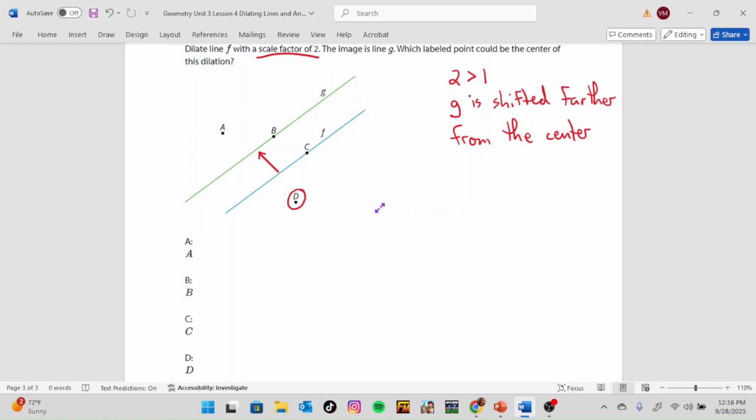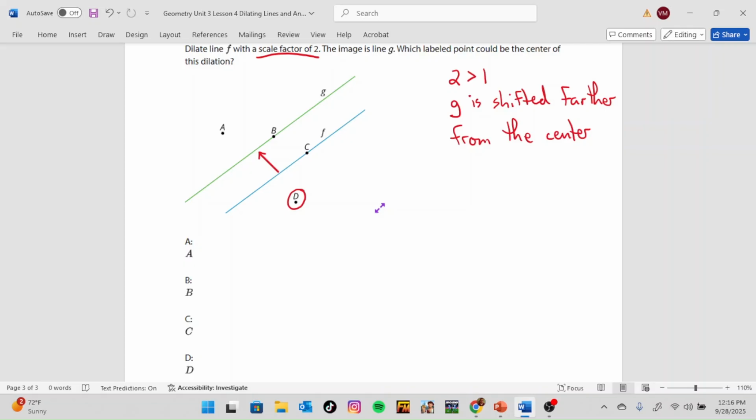Point A means the line would be shifting closer. Point B would mean that the line was shifting closer. Point C would mean that the line would have to stay the same.